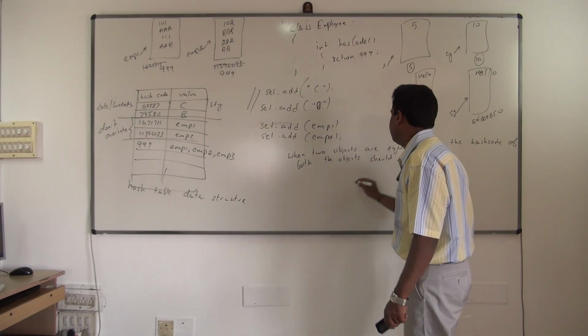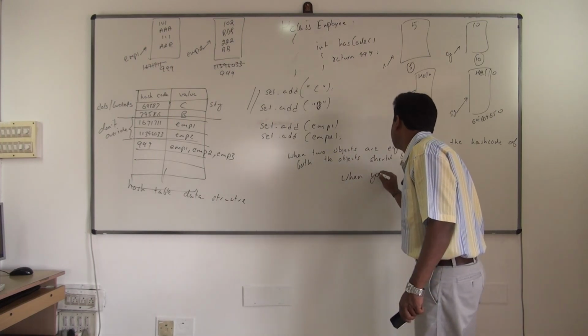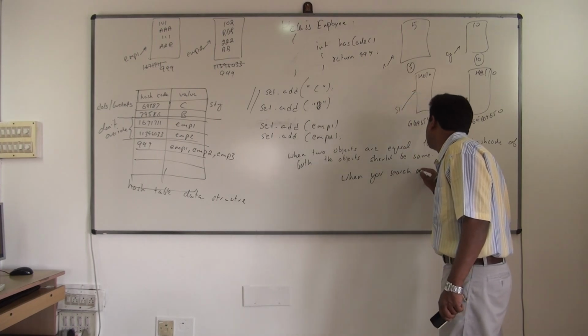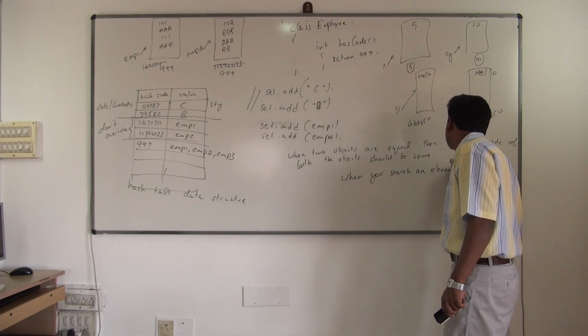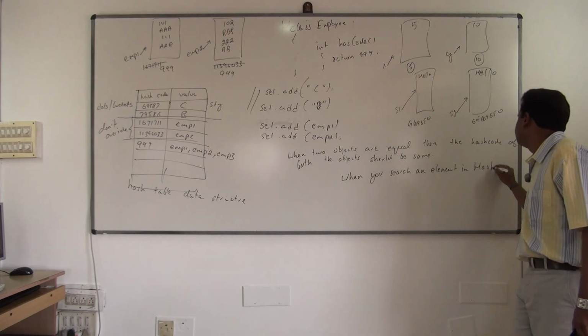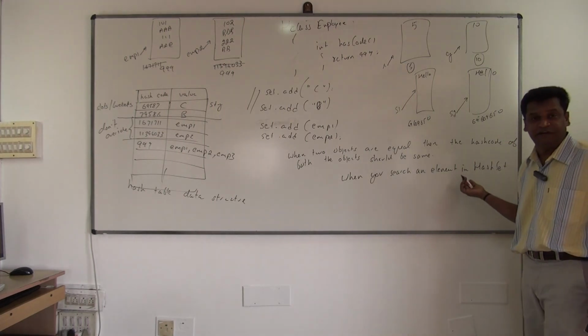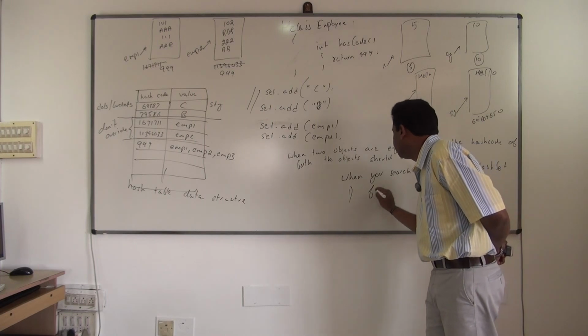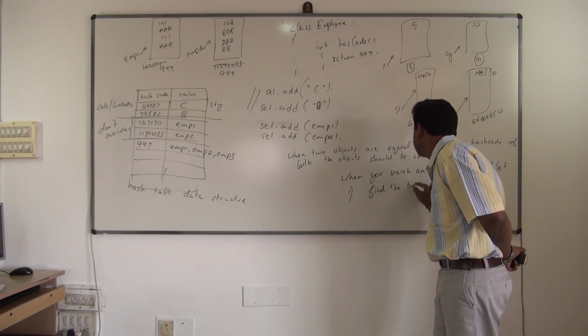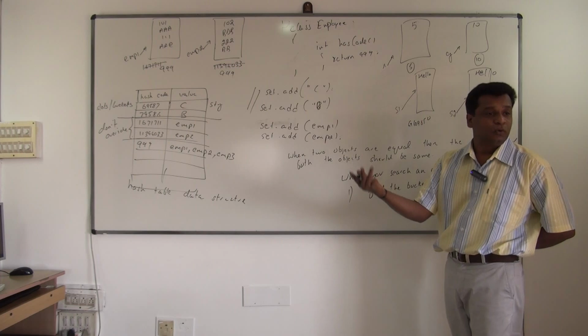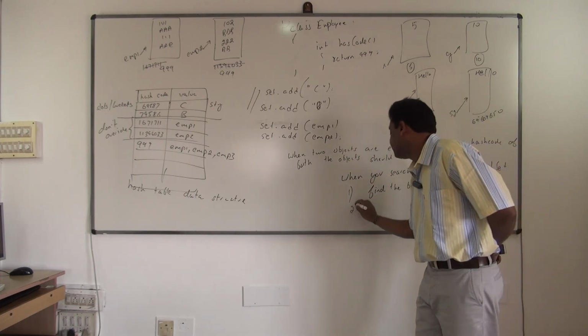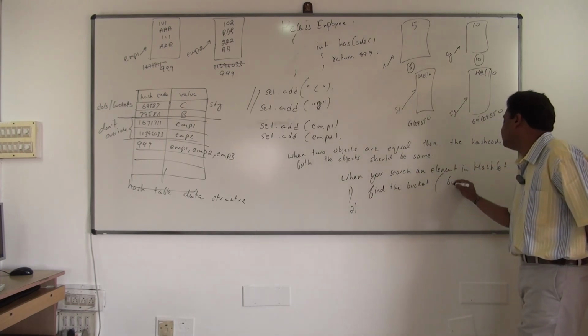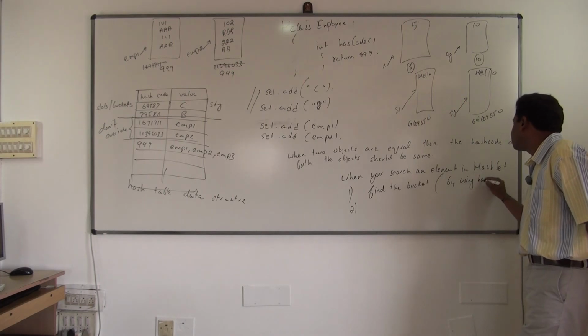Remember this: when you search for an element in a HashSet or any class which uses the hashing technique, first it will find the bucket, meaning in which bucket that value is. How does it find the bucket? By using the hashCode method.